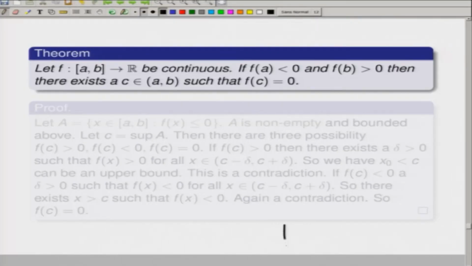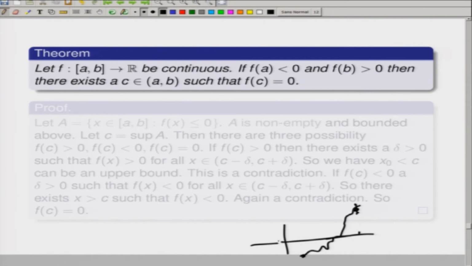Okay, so now f is such a function that f(a) is taking a negative value, f is a continuous function, and at b it is going to take a positive value. Now, whatever way I try to reach from a to b, I am not allowed to lift my pen.